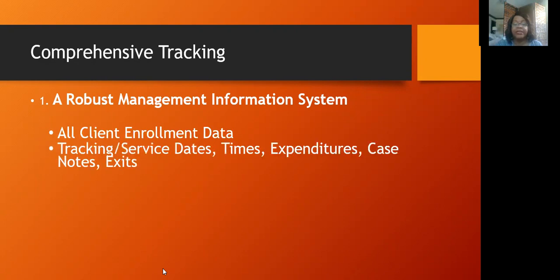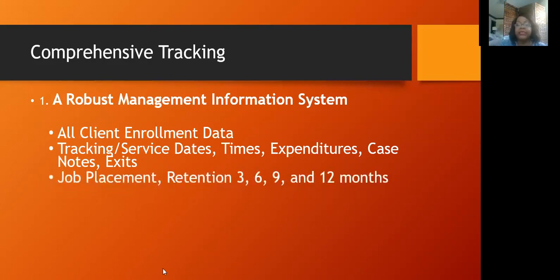So it's things like tracking your service dates, the date that you enroll them, the times that you interact with them. We're talking expenditures, all of your case notes, all of the achievements, all of the exits. All of this information can and should be placed into this MIS system.